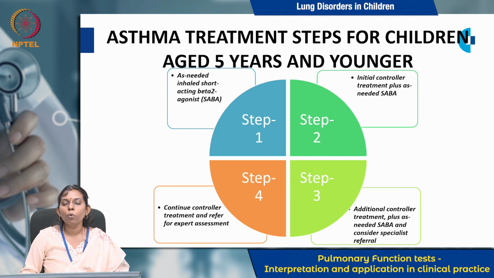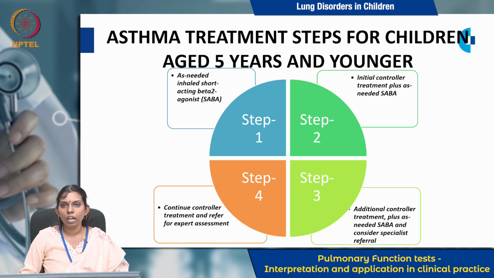Again, if there is no response with the low dose corticosteroids, the next option would be a high dose inhaled corticosteroid. Even if that is not working, then we move on to the step 3 protocol, where we give additional controller treatment like your leukotriene antagonist plus your short acting beta 2 agonist, and you consider a specialist referral to rule out other therapeutic causes which the child might have.